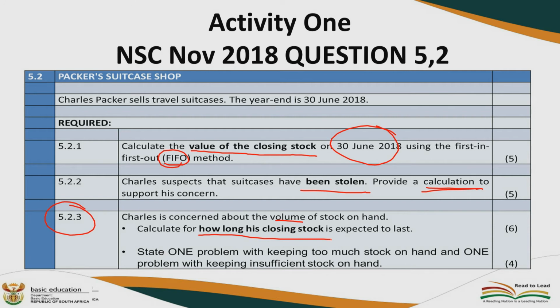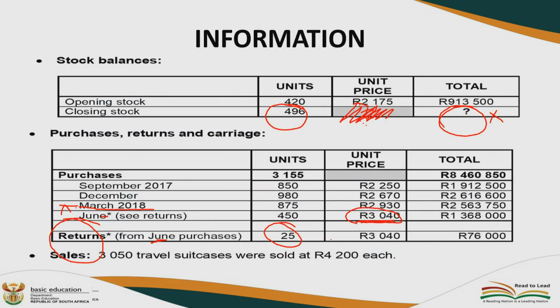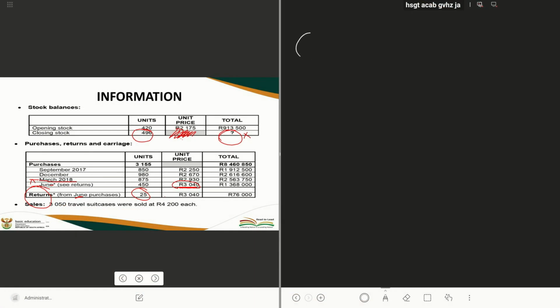I want you to come with me and calculate this one. We want to calculate now how long is it going to take to sell his closing stock. All right? Please remember, how many units is his closing stock? His closing stock is 496 units.